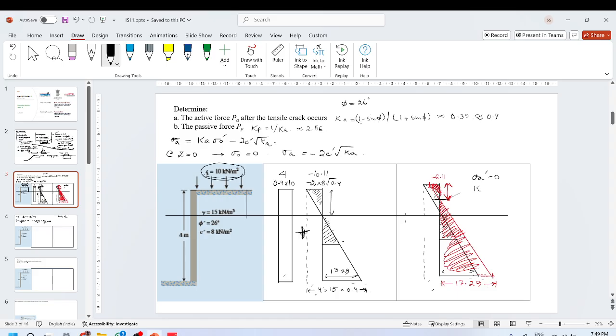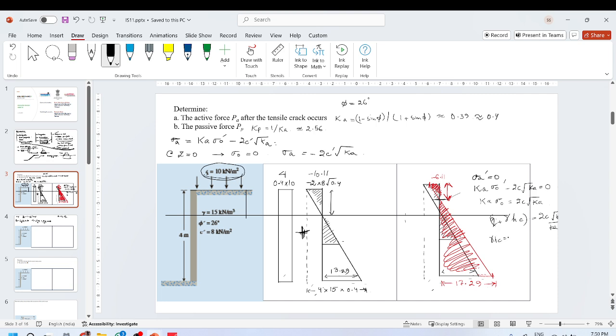So your Ka times sigma naught dash minus 2c root Ka will be 0, or your Ka times sigma naught will be 2c root Ka, or your sigma naught is q plus gamma hc equals 2c root Ka over Ka.